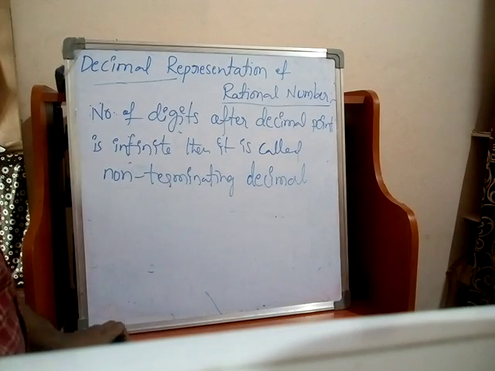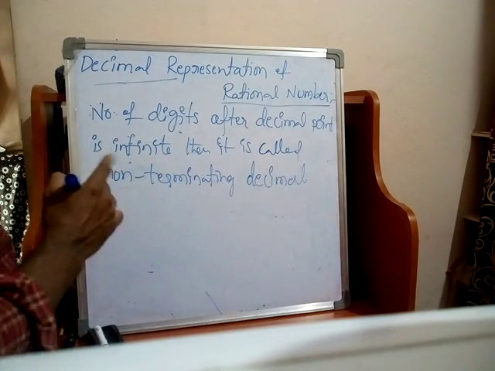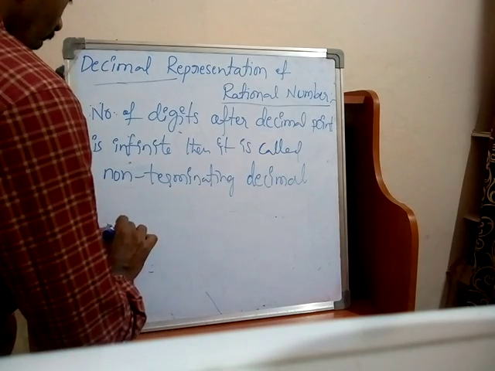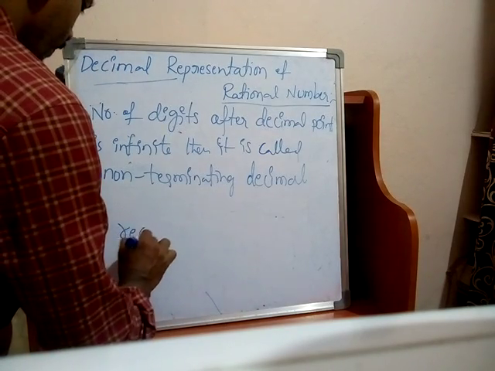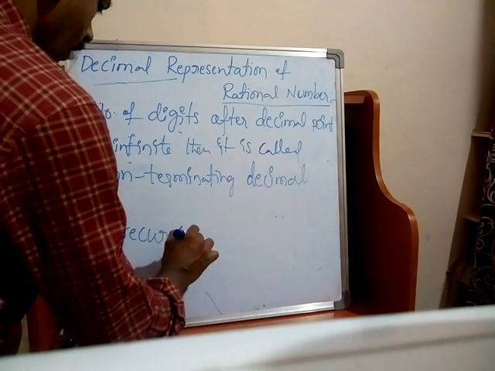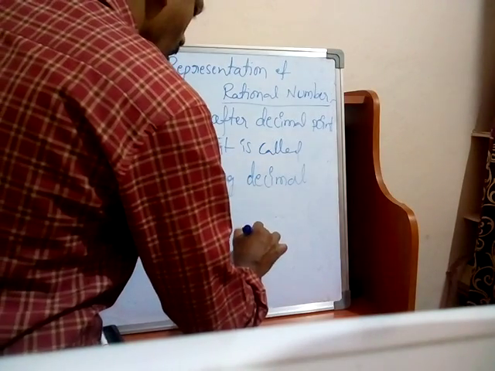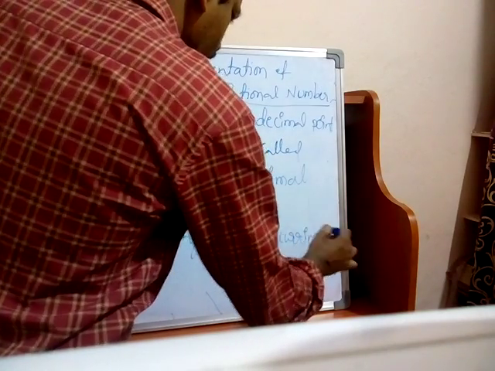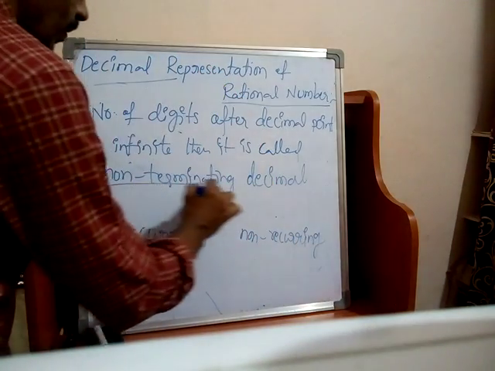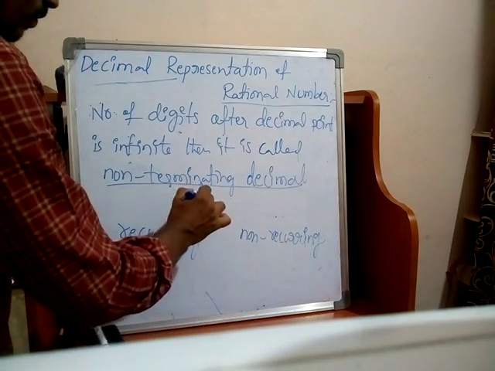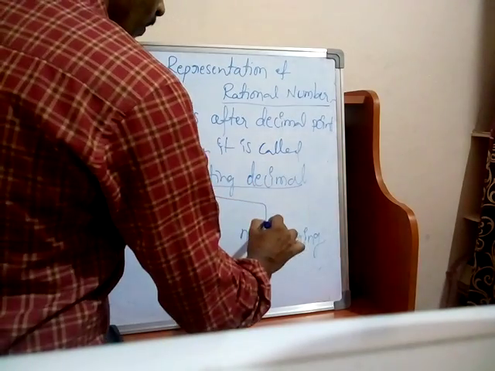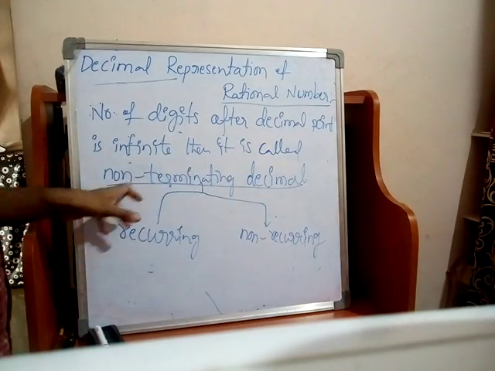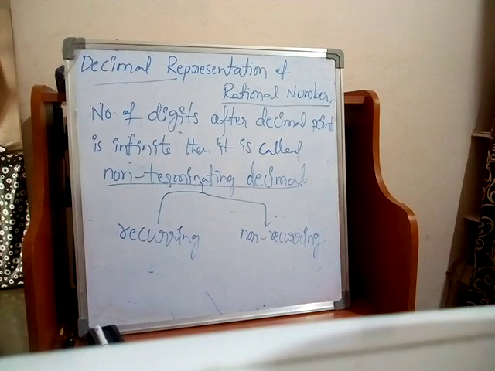Decimals are of two types: terminating decimal and non-terminating decimal. Non-terminating decimals are again two types: non-terminating recurring decimal and non-terminating non-recurring decimal.